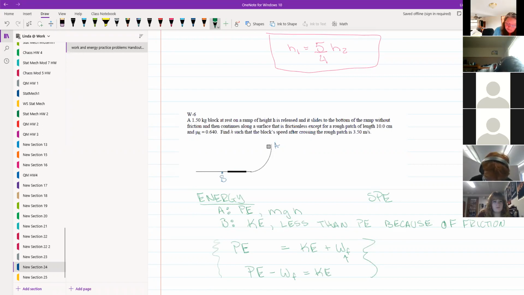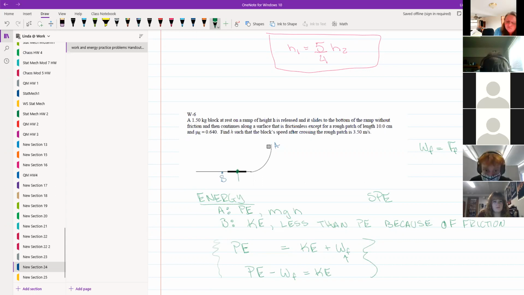Okay, so then I get to the work due to friction. Well, let's see, what is the work due to friction? That is going to be the force of friction times some distance. And when I see the force of friction, the one thing I want to do is remind myself, oh, I need to do forces.